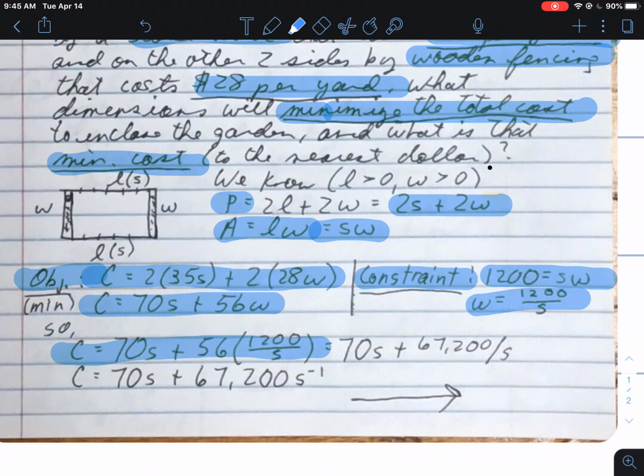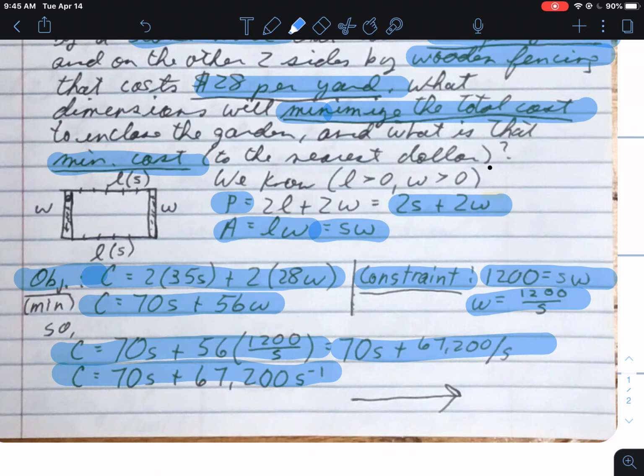Well, the first thing I did, I just rewrote the 1,200 over S times 56. I went ahead and just multiplied those two to give me the 70S plus 67,200 over S. And then I rewrote it as 70S plus 67,200S to the negative 1, because my next step, since we are looking to minimize this function, is to find our critical values.